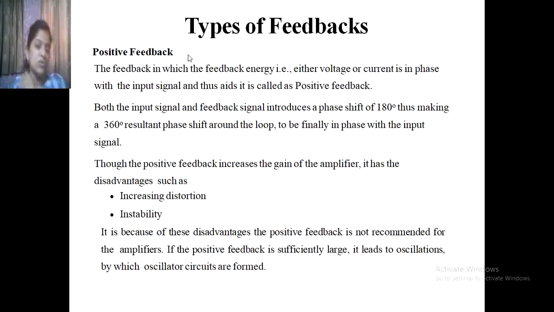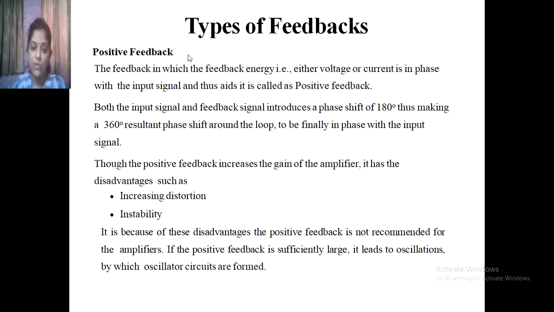We have seen what is meant by feedback. Depending on which type of feedback is applied to the circuit, there are two types. One is positive feedback, where input and output are in phase, so the phase shift is 0.